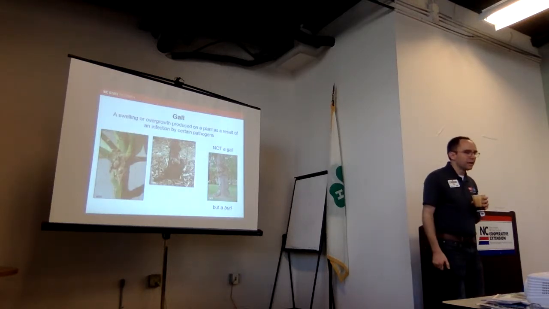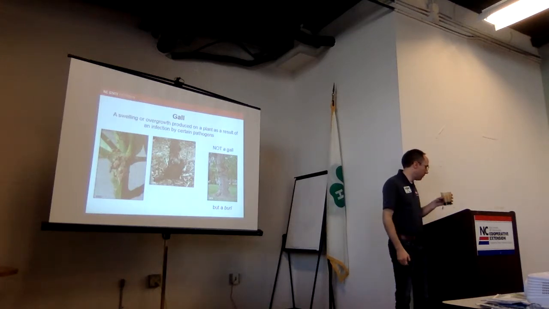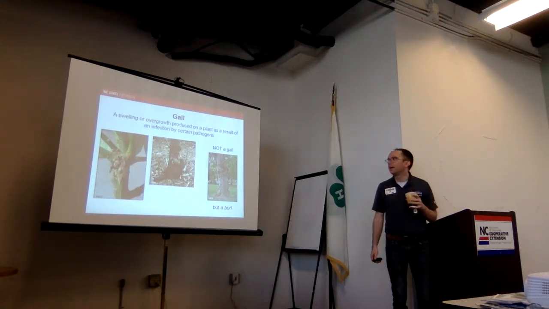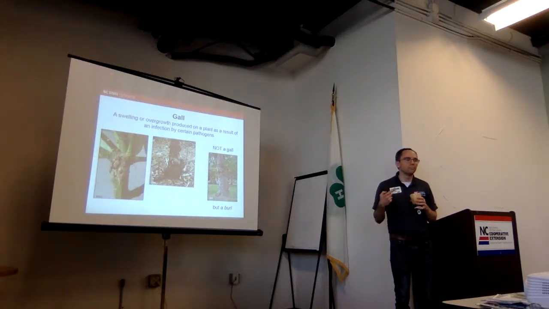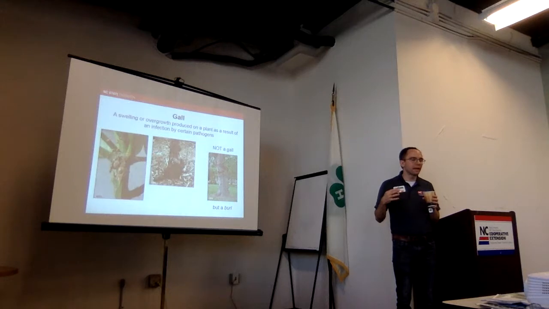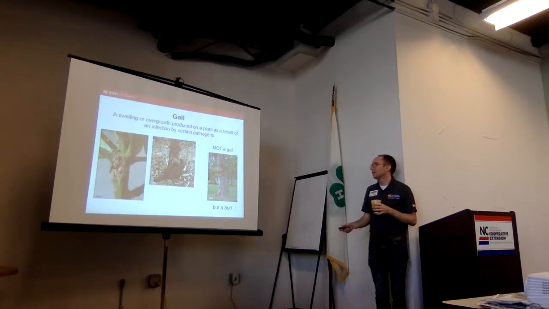Galls are any swelling or tumor-like growth on a plant. Occasionally these growths can be caused by a cultural or environmental factor, something in the life history of the plant. Usually that's called a burl, though, but a gall is commonly caused by a bacterial infection.